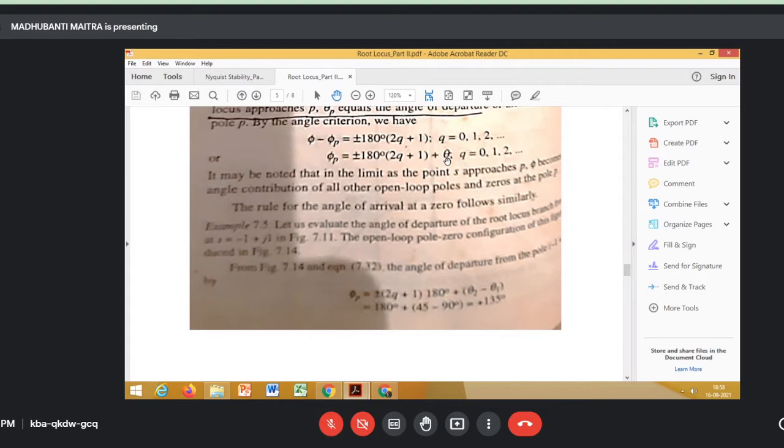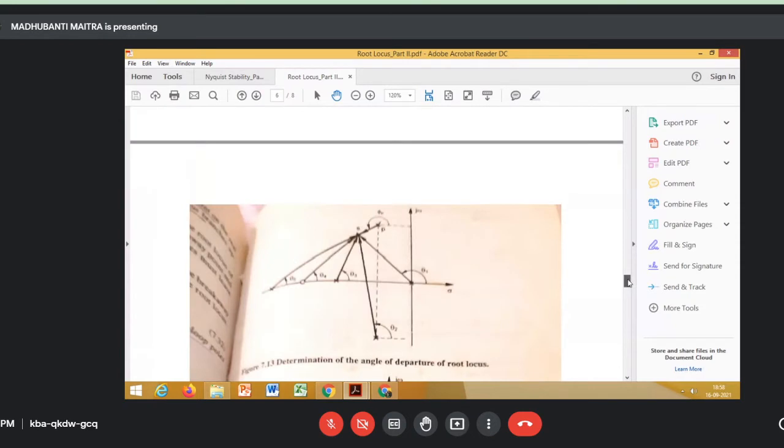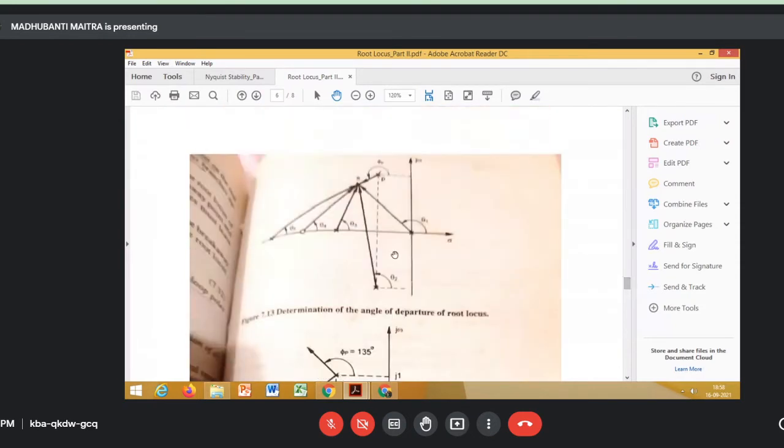Done. Now, again, let's look at this figure.